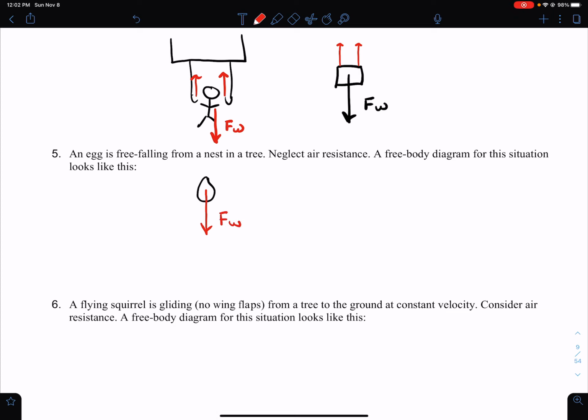Gravity is going to be pulling this guy down. Now it says it's in free fall. Free fall, there is no air resistance acting on this. So if there is no upward force acting on this, no air resistance, you're done. That's all it is.